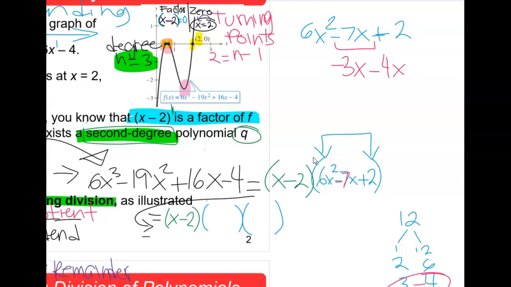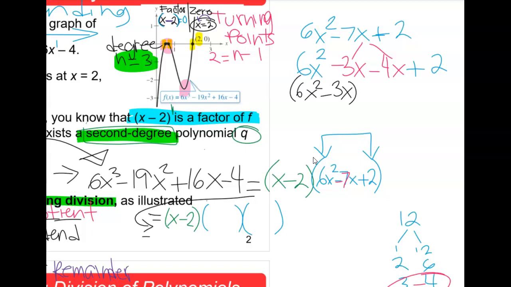Isn't it true? So we're like breaking that term into 2 terms so that we can have 4 terms. Why do I want 4 terms? Well, because I want to use factoring by grouping. And I know you have heard it before, but this might be a nice review. So what we do when we factor by grouping is we're going to group 2 terms at a time. So we're going to group the 6x squared minus 3x.